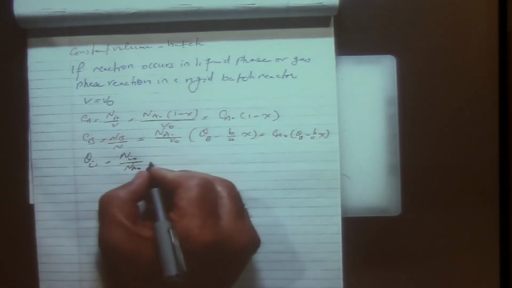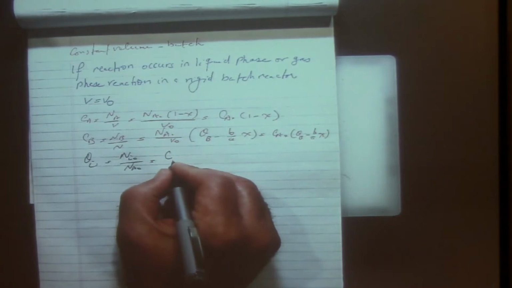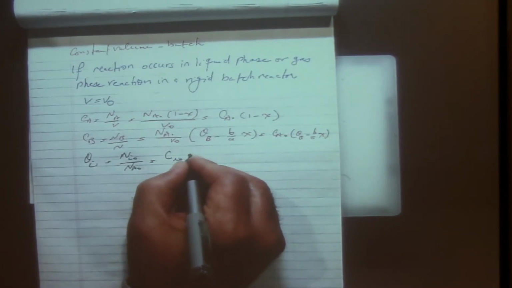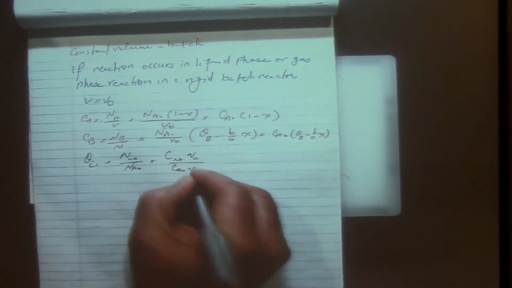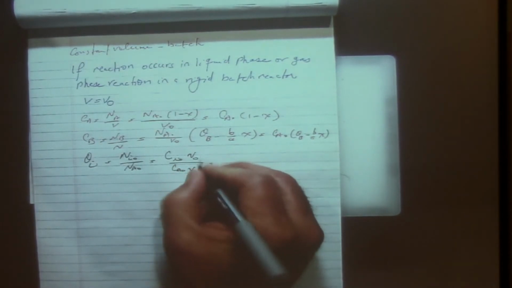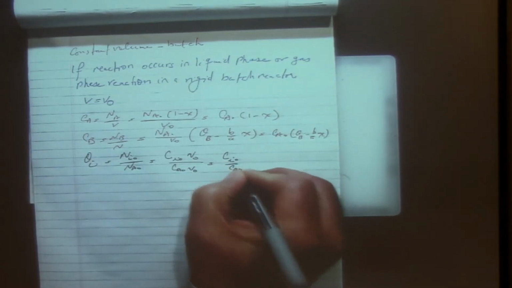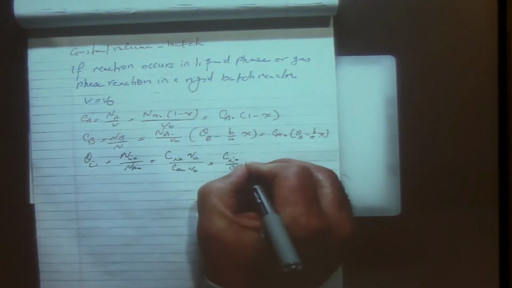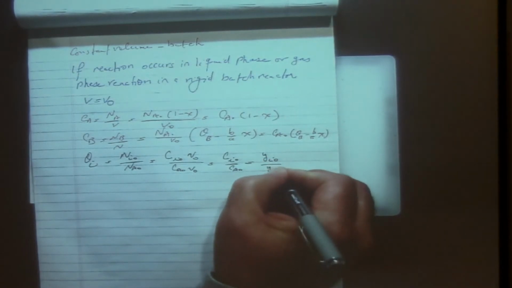And if you want to write it versus the concentration, it would be Ci0 v0, which is the volumetric flow rate, over CA0 v0. And if the v's are constant, it would be Ci0 over CA0, or in other words, yi0 over yA0.